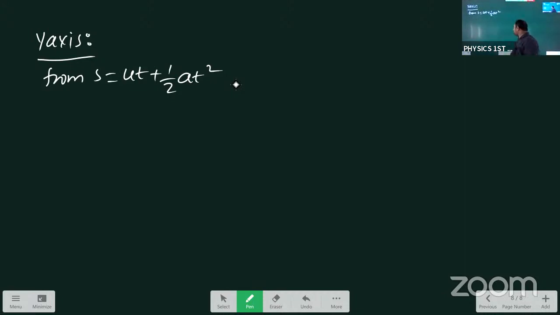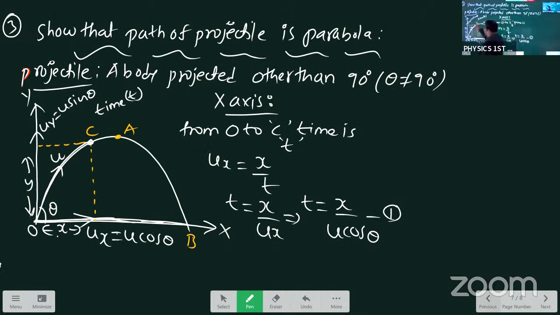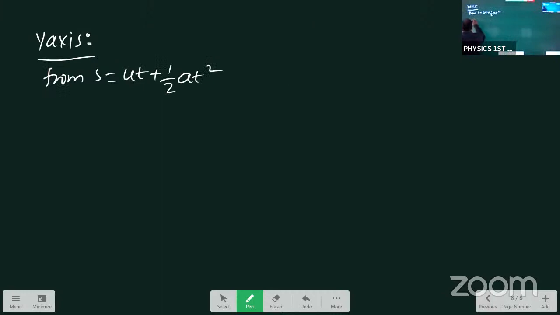So from s equals ut plus half at square, in the y direction, the y component: the displacement s equals y, u is uy, and uy is u sin theta. What is a?